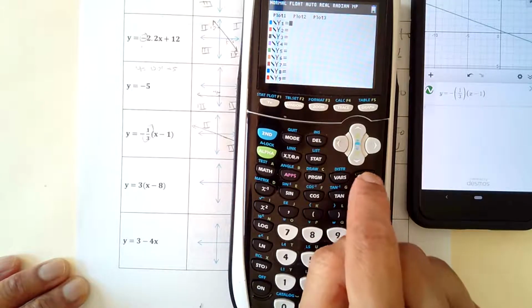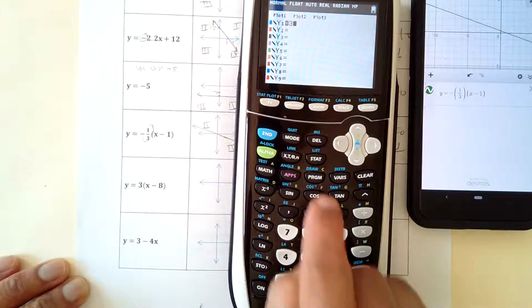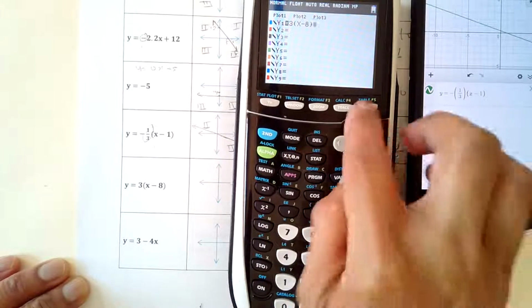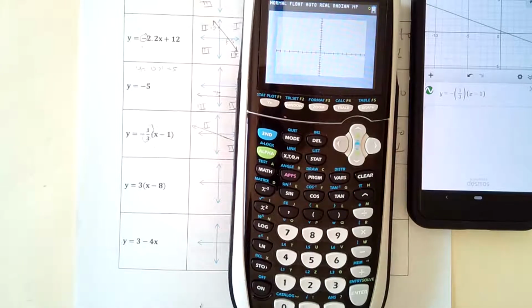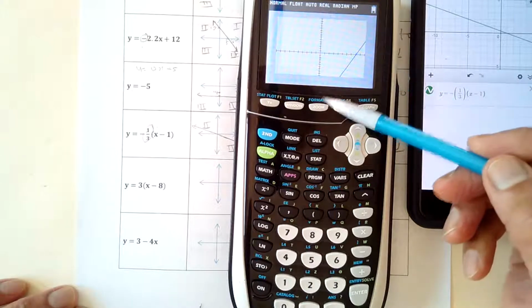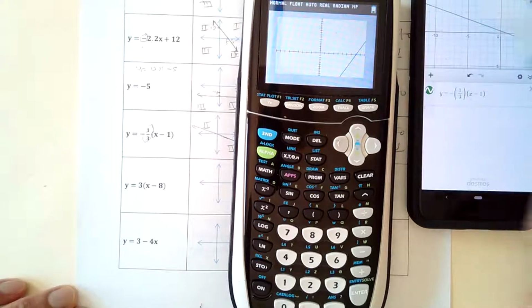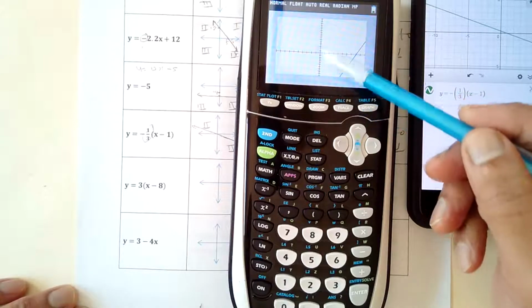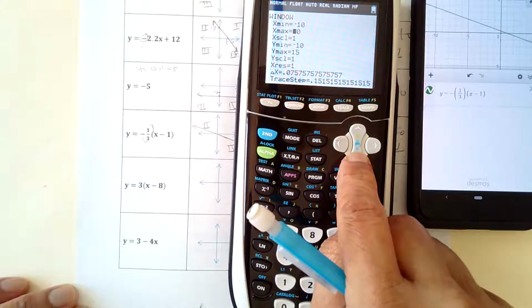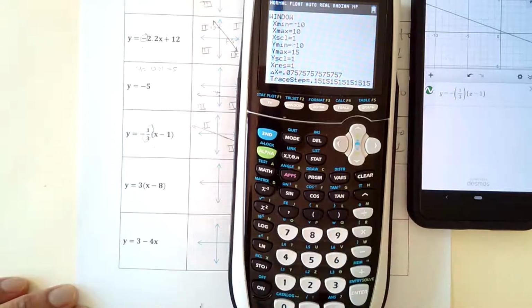Oops. 3 into x minus 8, close bracket, graph. Now this one is way out of the window, so I need to adjust my y minimum. So go to my window here, and I make y minimum negative 30.